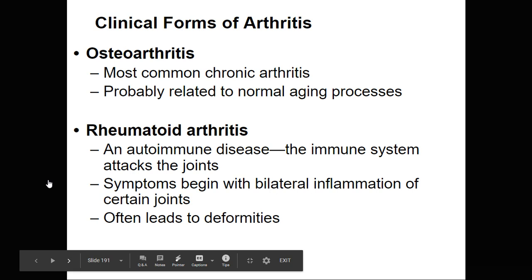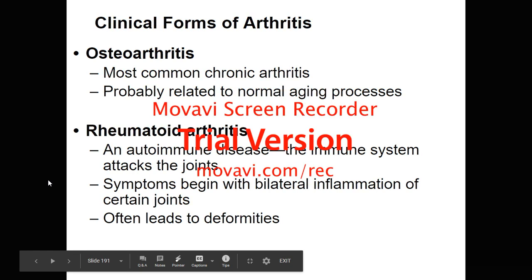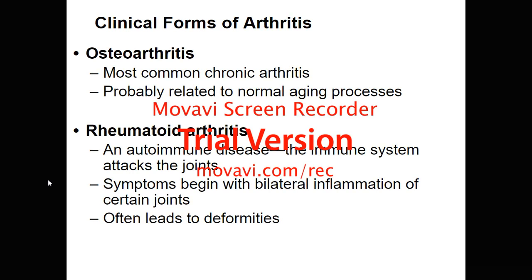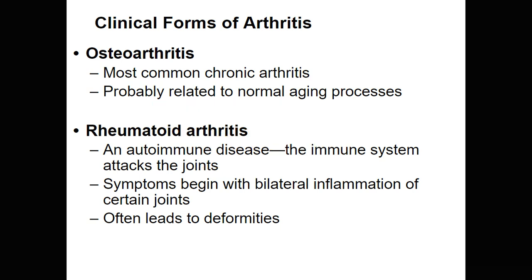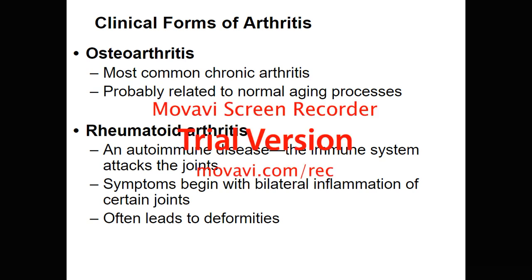All right, so osteoarthritis, we already mentioned this. This is the most common chronic arthritis. It's probably related to normal aging. So remember, in your joints you have your articular cartilage, and your articular cartilage covers the ends of your bones in your joints. And your articular cartilage is hyaline cartilage.